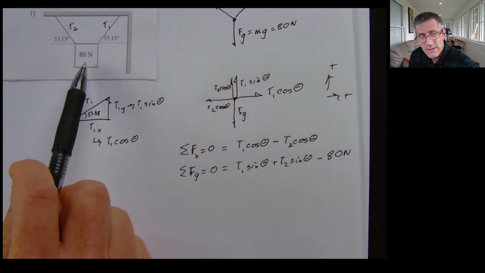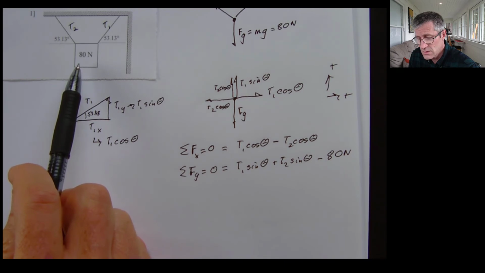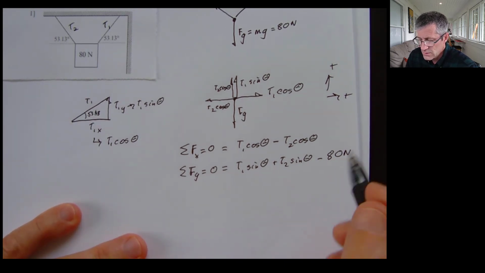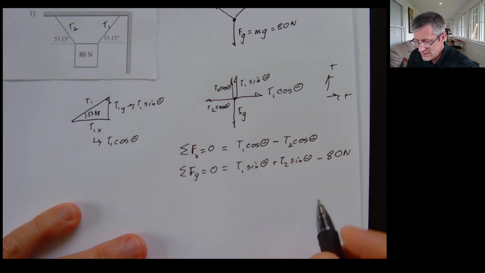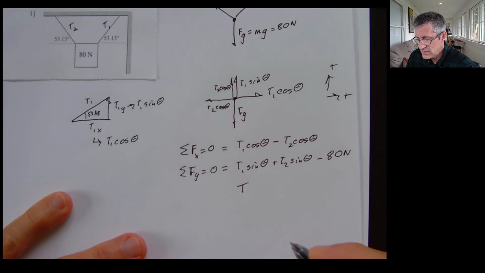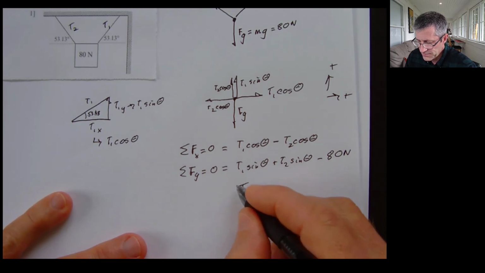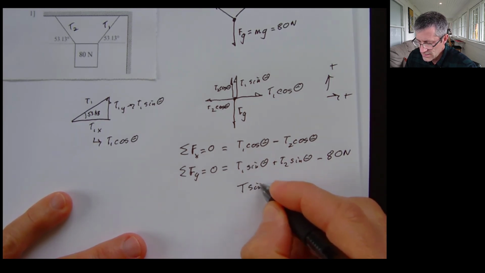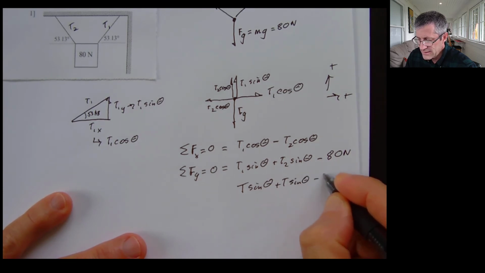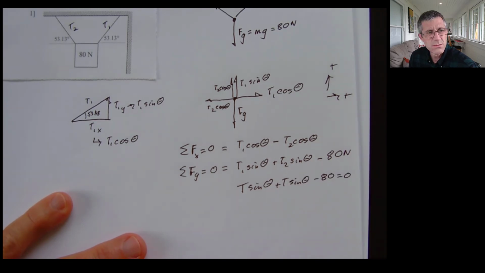The weight of this box, the 80 newtons, is being shared equally amongst these two wires. So I'll just call T1 and T2 the same tension. It's going to be T sine theta plus T sine theta minus 80 equals 0.